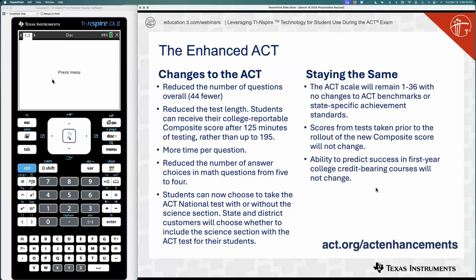And the ability to predict success in first-year college credit-bearing courses will not change because that is the intended purpose of the ACT. So both paper and pencil and online tests will continue to be available. And I was at a meeting where a person very high up in ACT said they will always have a paper and pencil version option available. And all this information can be found at act.org, ACT enhancements.